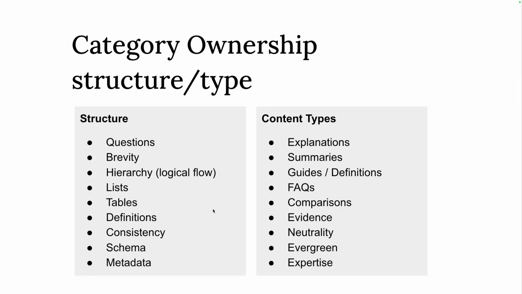LLMs love this stuff. Definitions and summaries, those two go nicely together. Obviously, questions and explanations. Schema markup we've talked about, metadata for videos. Consistency in terms of brand tone, use your voice of customer, bring that into your consistency when you structure your data, structure your content.